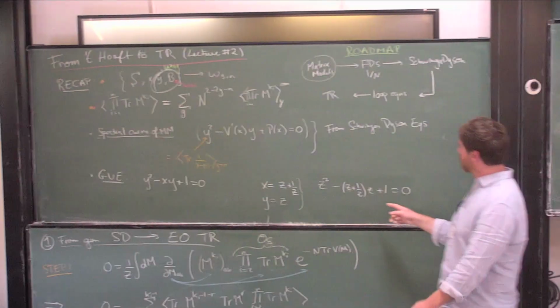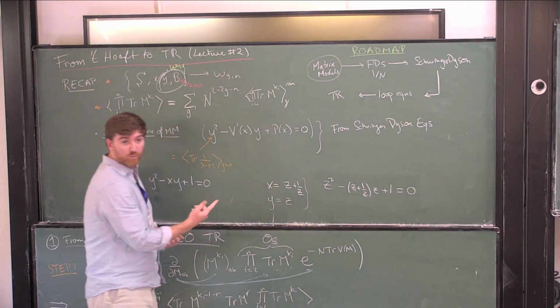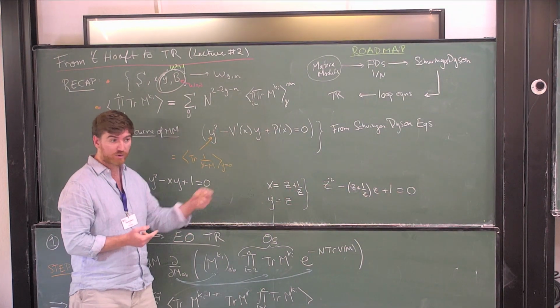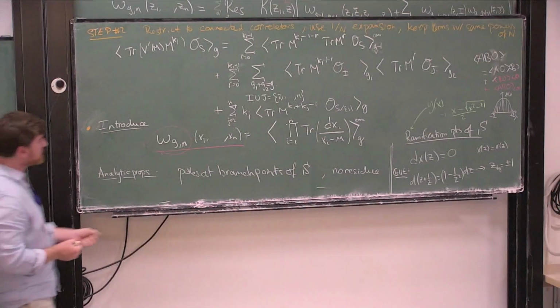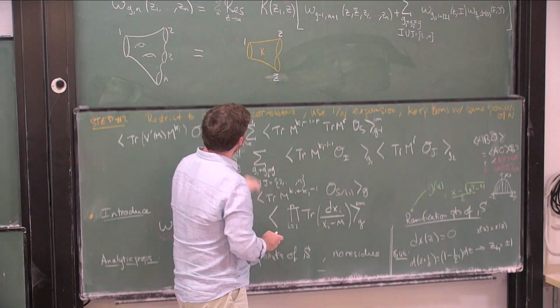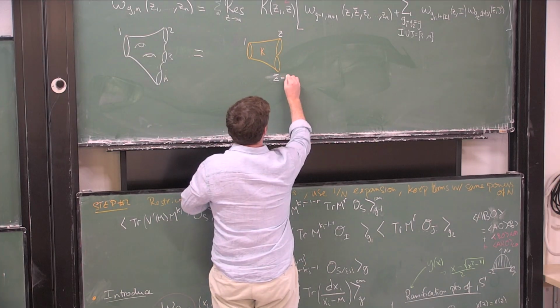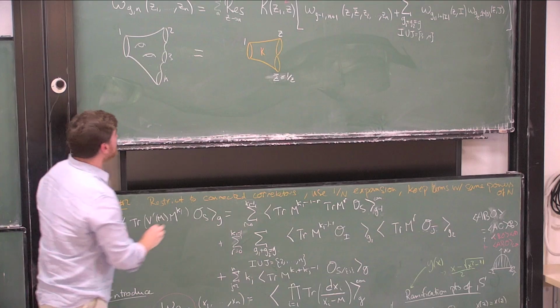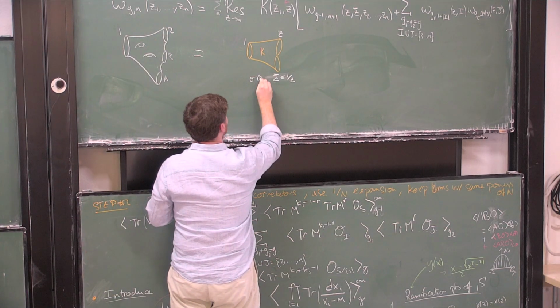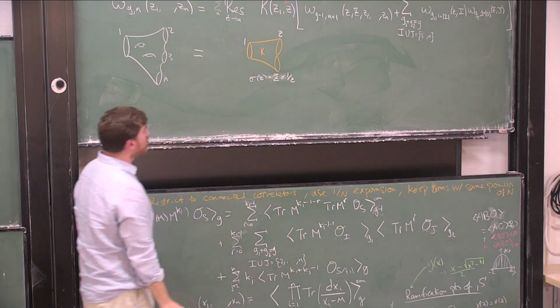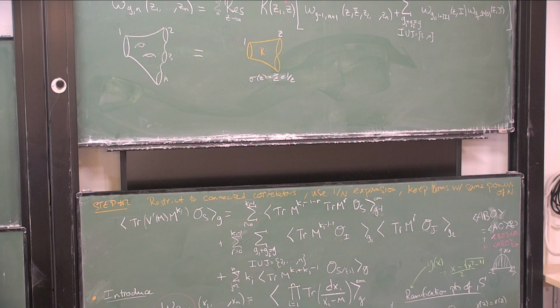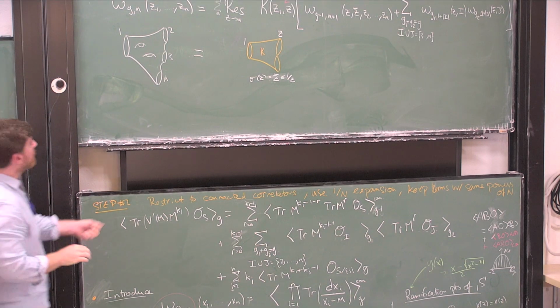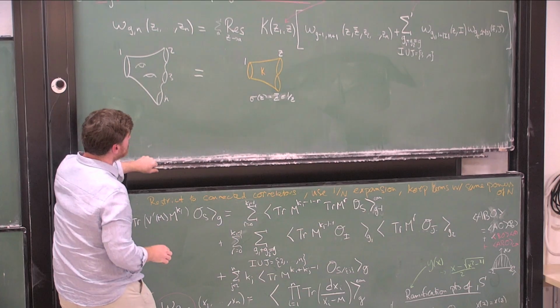Just from this, you know that if I took Z or 1 over Z, I get the same X. So for this matrix model, the Z bar just means 1 over Z. Sometimes you might see in the literature, sigma of Z, local involution. So that's going to be what this K is.